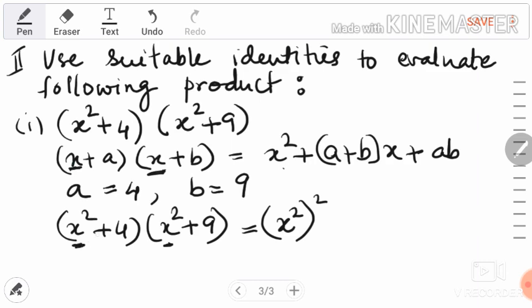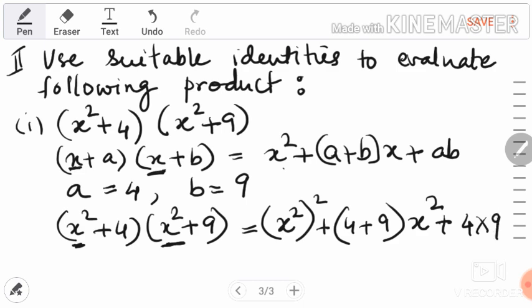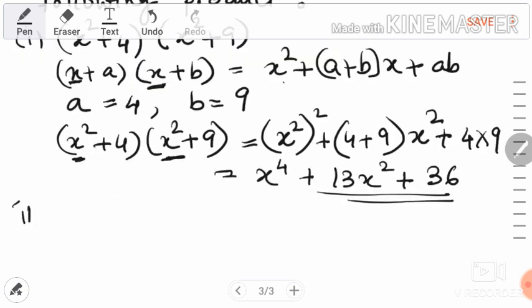But here the first term in the question is x². So x² into x² will be (x²)², that is x⁴, plus, now substitute the values of a and b, (4 + 9) times x². The first term here is x², plus ab is 4 into 9. Now simplify. This is x⁴ + 13x² + 36.